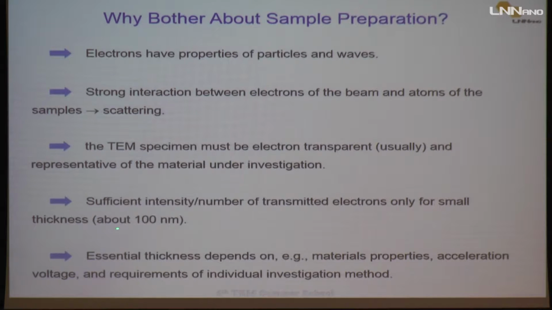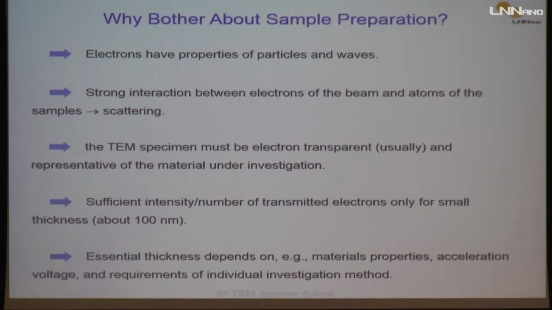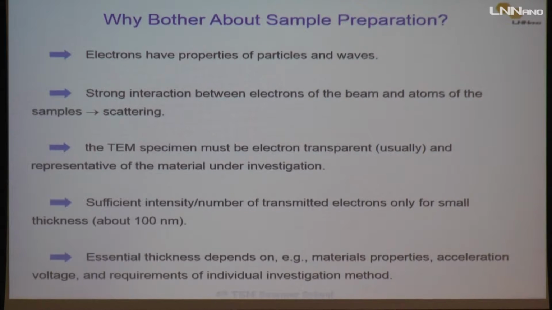In the majority of the materials, we have this number here, 100 nanometers of thickness. That is the ideal sample thickness. Smaller than this is better. Thicker than this, you start to have some limitations.